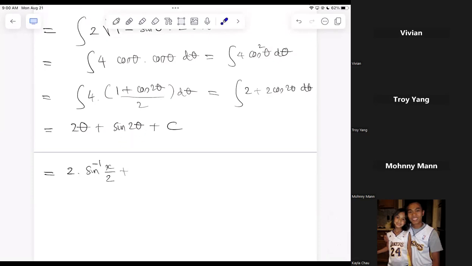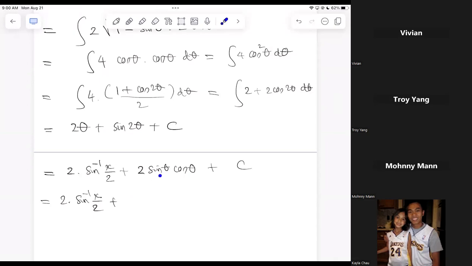How about sine 2 theta here? What is sine 2 theta? I can write it as 2 sine theta cosine theta, right?